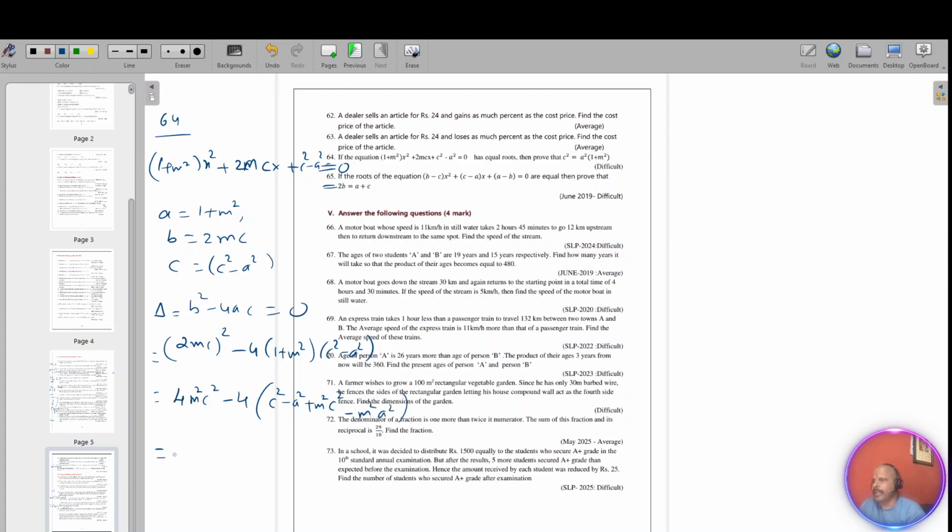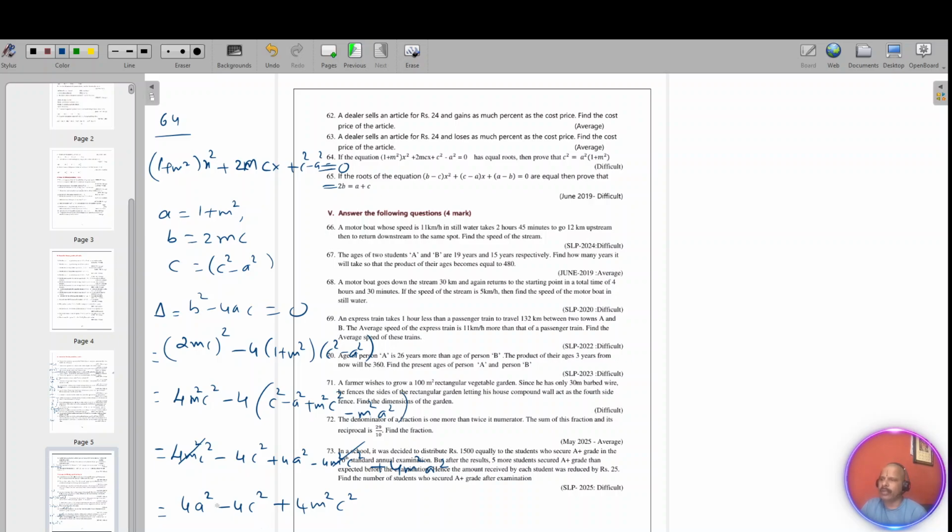Opening with my minus 4, it becomes 4m square c square minus 4c square plus 4a square minus 4m square c square plus 4m square a square. Just observe these two get cancelled. It will become 4a square minus 4c square plus 4m square c square.